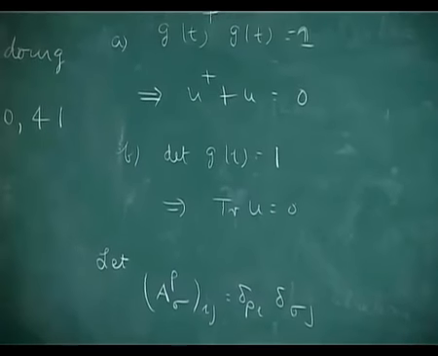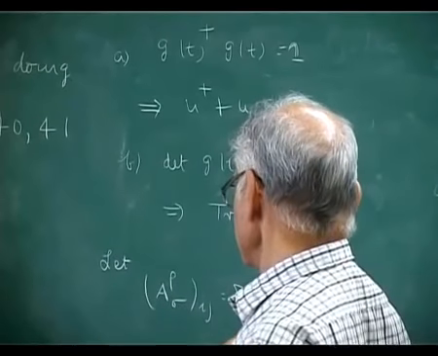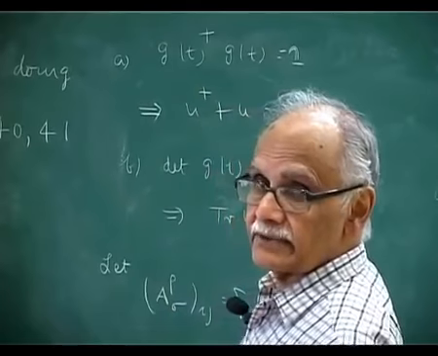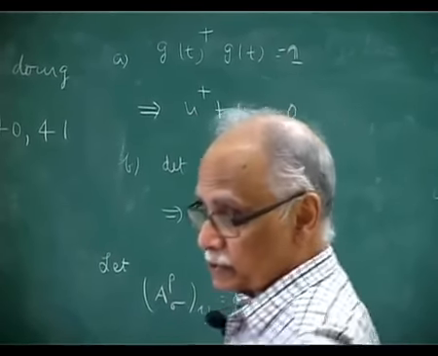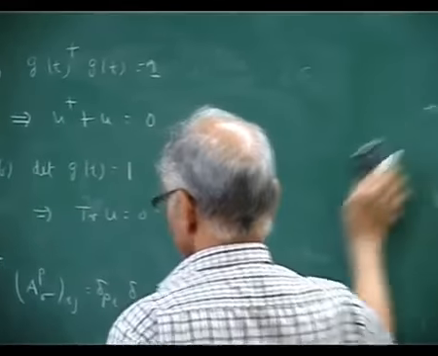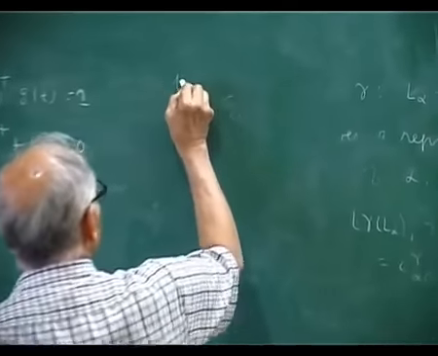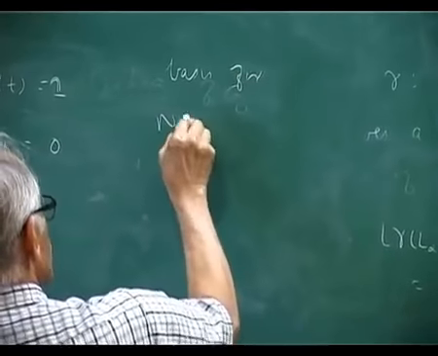There is only one place where there is a non-zero entry. If this is 1 2, it is at position 1 2 and so on. So this is a basis for n cross n matrices.